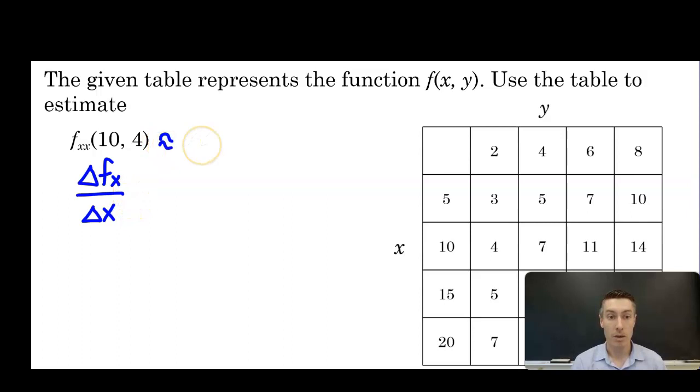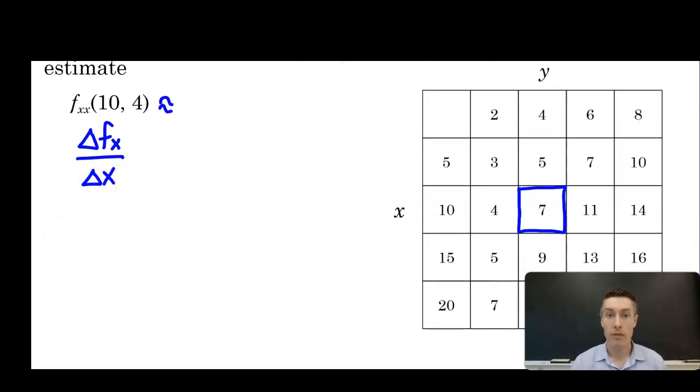Okay, so to estimate this value, (10, 4), that's right here on the table, we need two first order partials with respect to x. So let's use the one at (10, 4), which is the point we're trying to estimate at. And then let's also find the first order partial at a point really close to it where y is still constant. So let's pick this one.